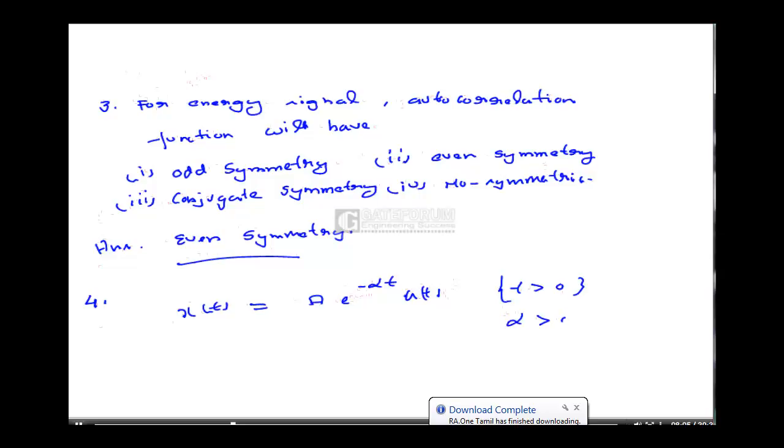Alpha value is greater than 0. Impulse response ht of a system is given as a e to the power minus alpha t. ut is not mentioned in this. We need to find yt, which is the output of the system when input is x.